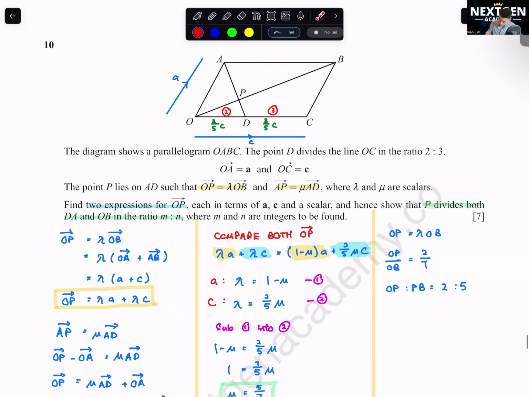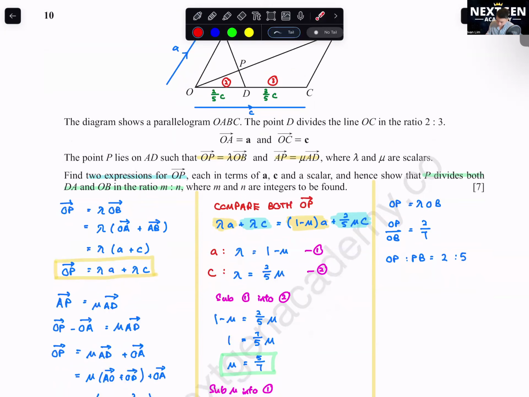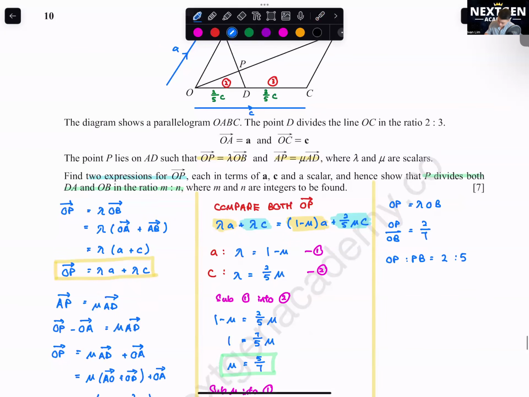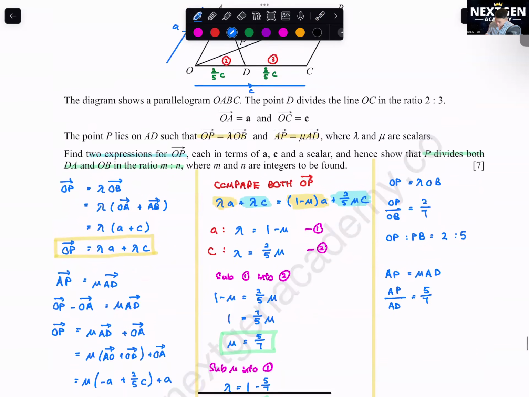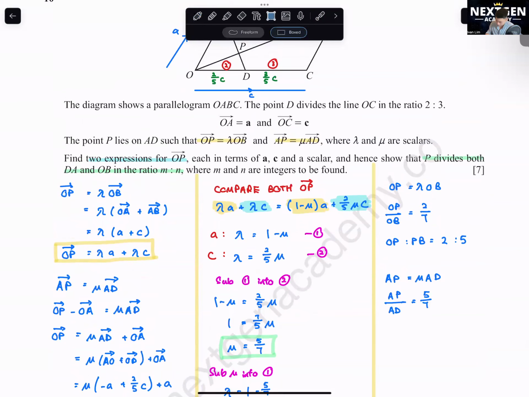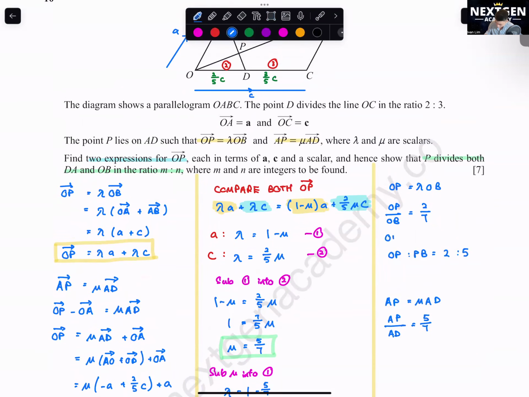Then the next one is AP equals to mu AD. So we can write AP over AD, the mu is 5 over 7. If you want to understand clearer, you can write one more step here. OP to OB is 2 to 7, then you look at the diagram.